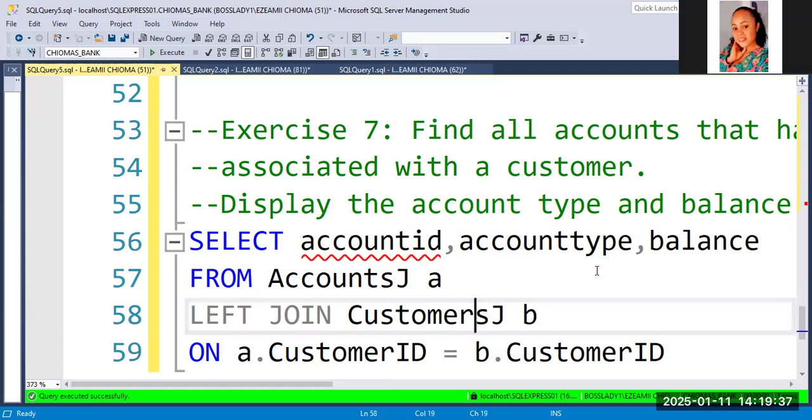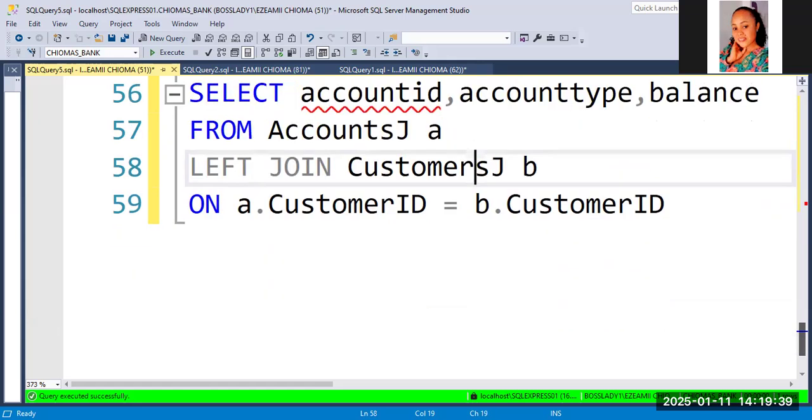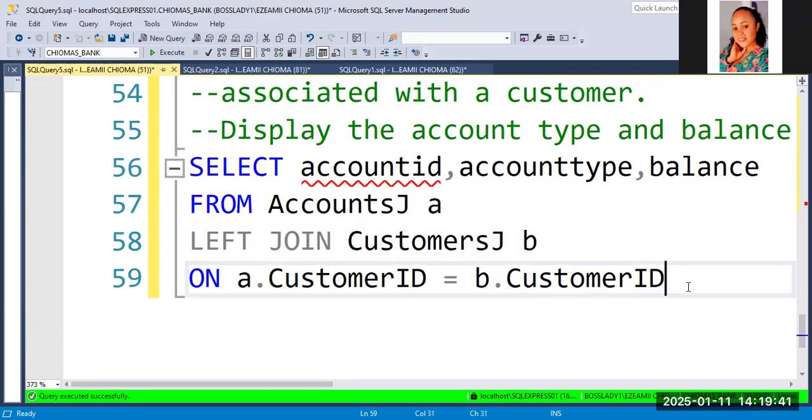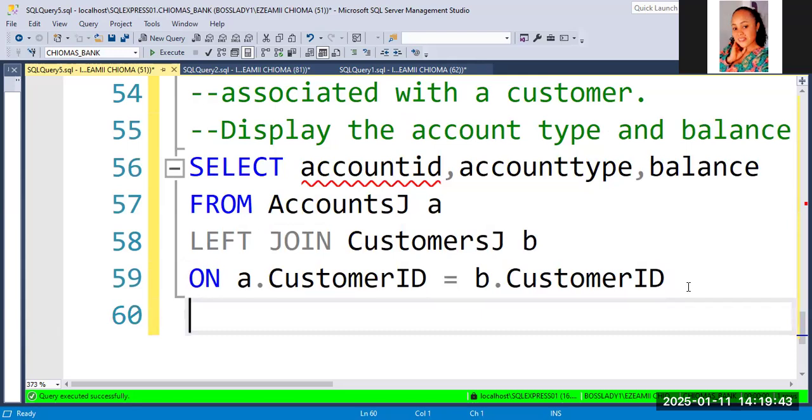So we also have to filter, because if we leave it like this, it's going to give us all the results. So we also need to filter our data, because we just want the ones that are not associated with any customer, right? So we'll now do where customer ID is null, all right?